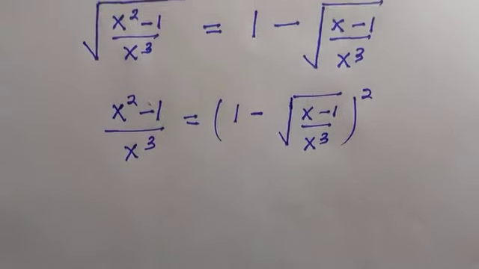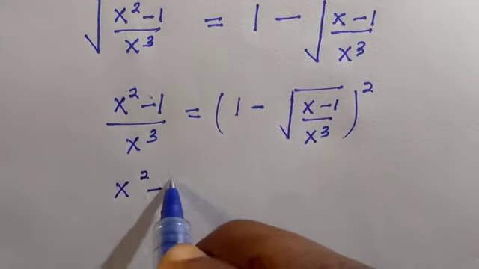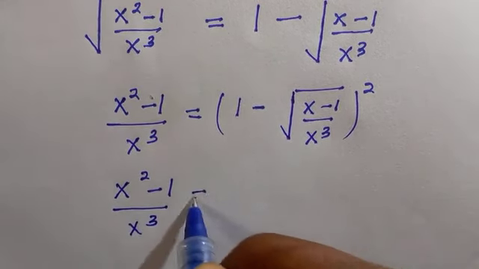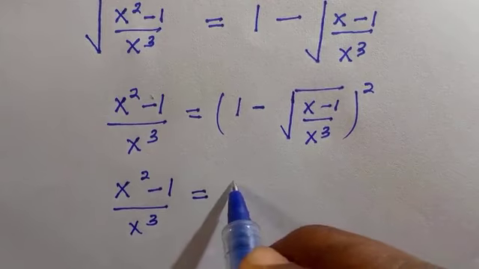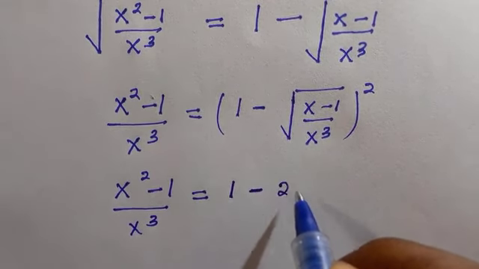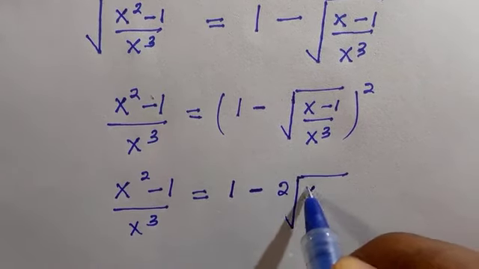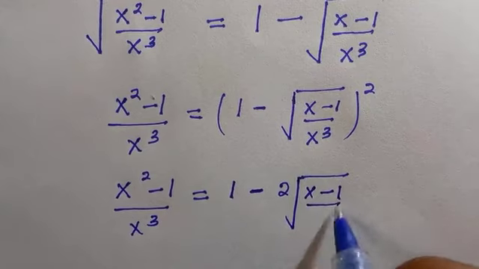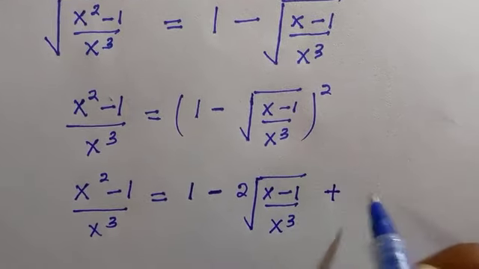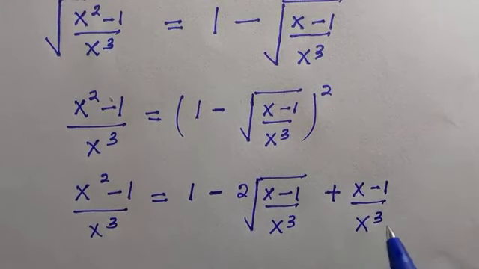So for the left hand side, we have x raised to power of 2 minus 1 divided by x raised to power 3 equals, the expansion of this becomes 1 minus, so here is 2, the entire root of x minus 1 divided by x raised to power 3, and then we have plus x minus 1 divided by x raised to power of 3.